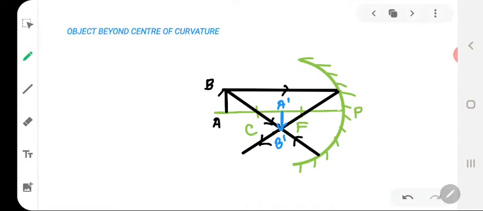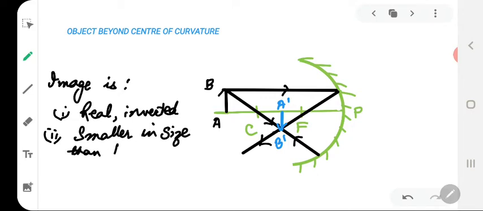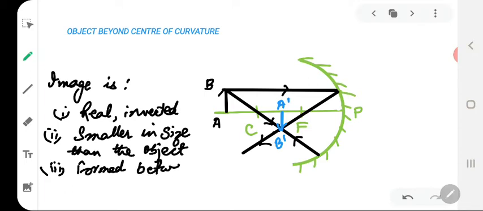Now we find that the image is real and inverted. It is smaller in size than the object, and third, it is formed between the center of curvature and the focus.